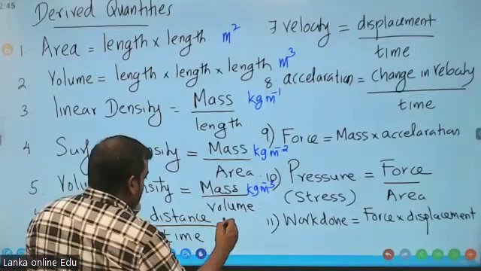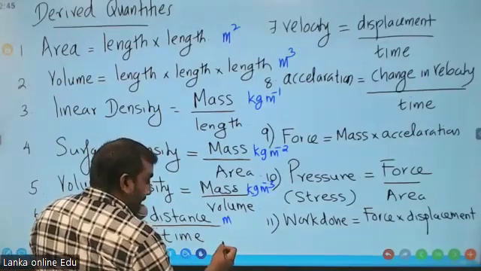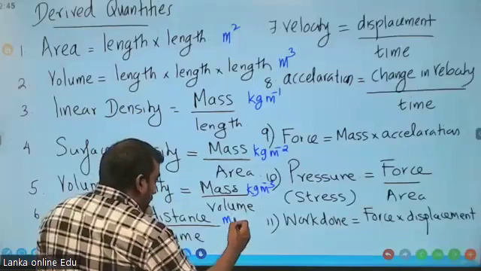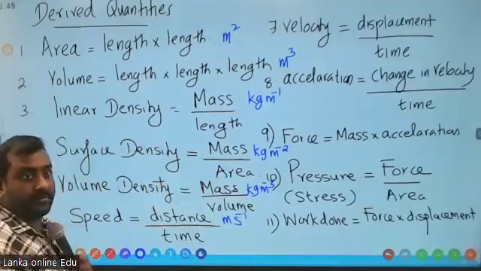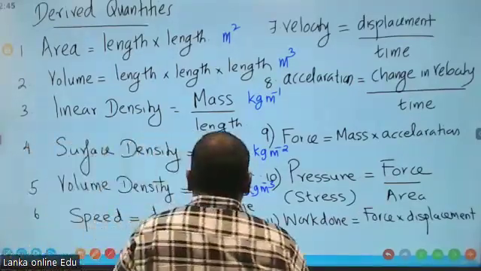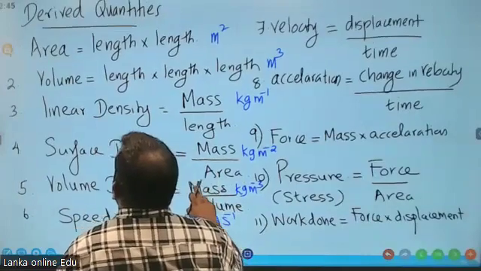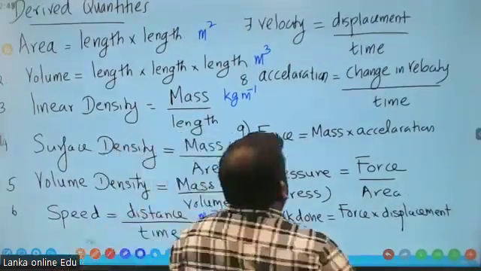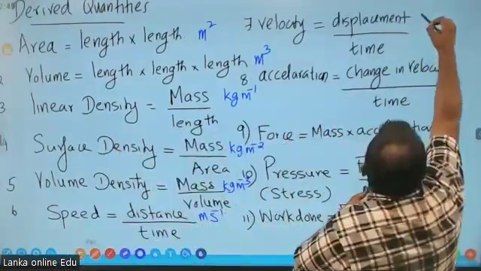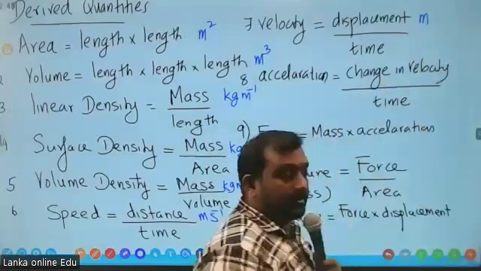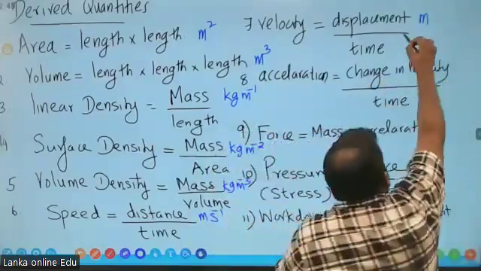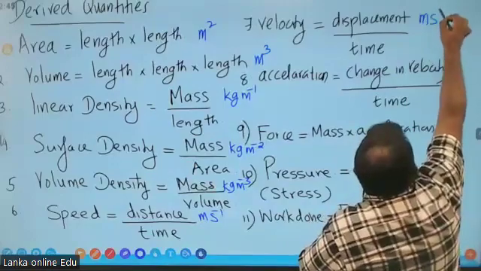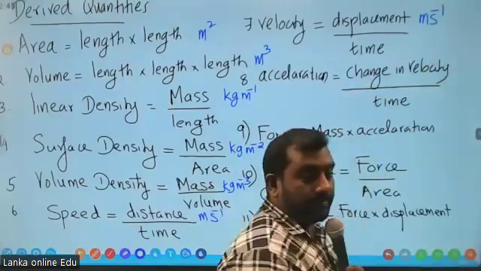Speed, distance in meter divided by second time, take on top m s-1. Velocity, displacement in meters divided by second, take s on top, m s-1.